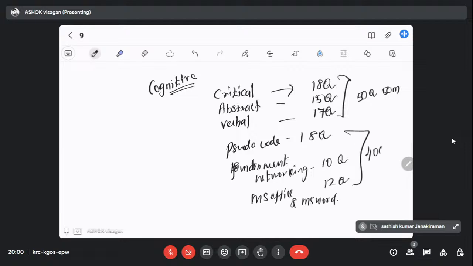Here there are 40 questions in 40 minutes. In tomorrow's session, we will discuss what questions will be asked under pseudocode and everything.